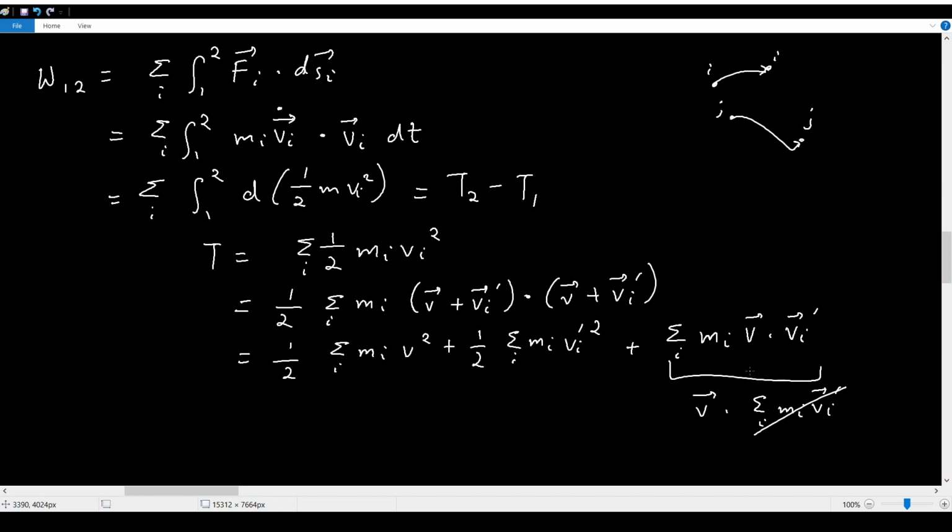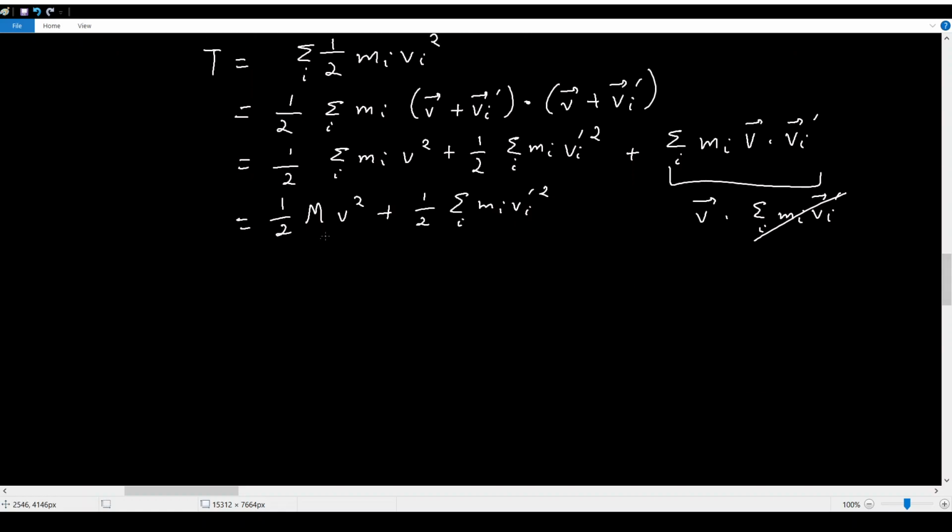This term just goes away, and we get half the sum over the masses, capital M v squared, plus half sum mi vi prime squared. So what does this mean? This is the kinetic energy if all the mass was concentrated at the center of mass, and this is the kinetic energy of the motion about the center of mass. So again, a similar term to what we got before from the angular momentum.